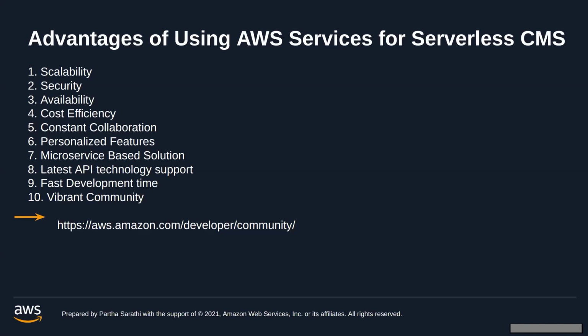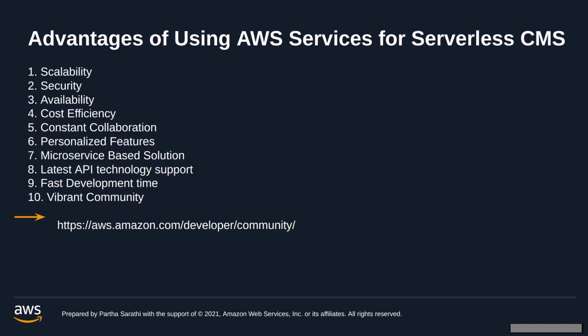Personalized features, as I said earlier, if you have, let's say, an image recognition feature or an IoT integration feature for your application, you can do this within AWS only.